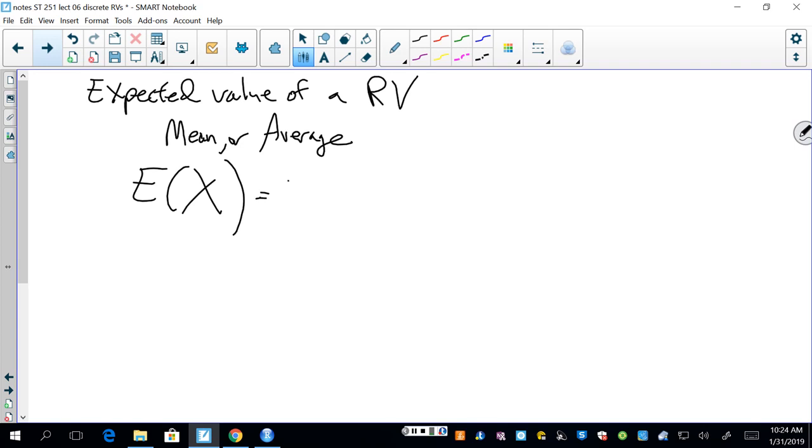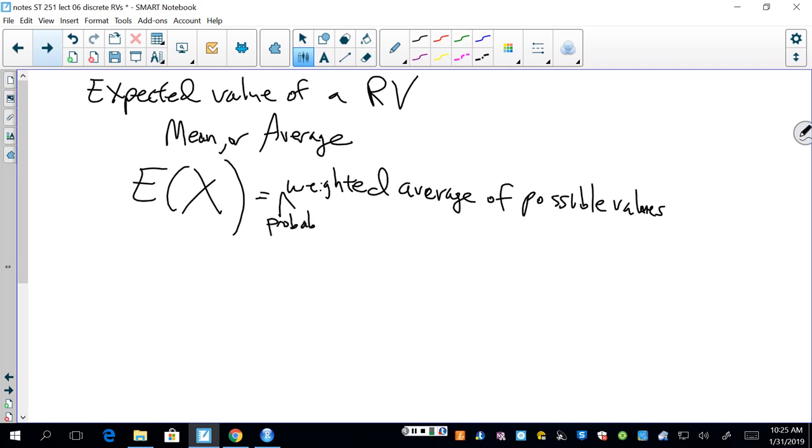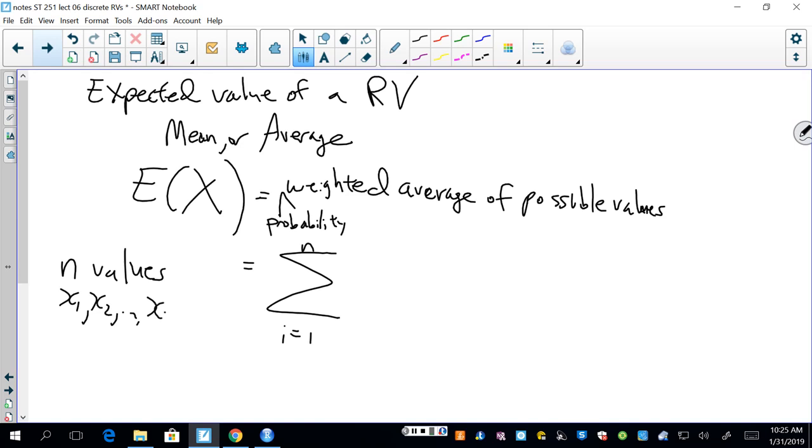It's a weighted average of the possible values for a random variable, and it's really weighted by the probability. So a probability weighted average of the possible values. So in symbols, say we have n possible values, and they're x1, x2, up to xn.